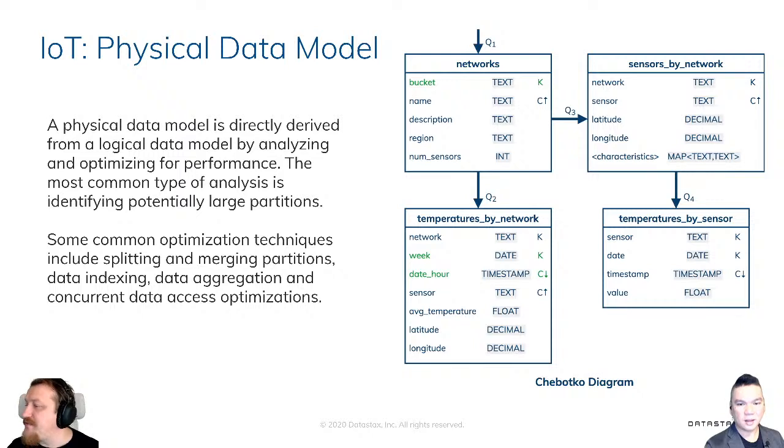TTL is indeed a great way to remove data you don't use, but it doesn't guarantee the time of the deletion. So don't expect it to be very, very on time, because data may be deleted a little bit later than you would expect. If that's fine for you, then TTL is perfect.